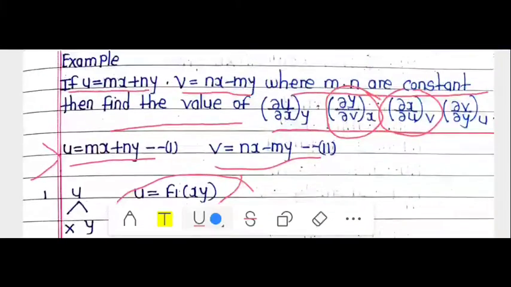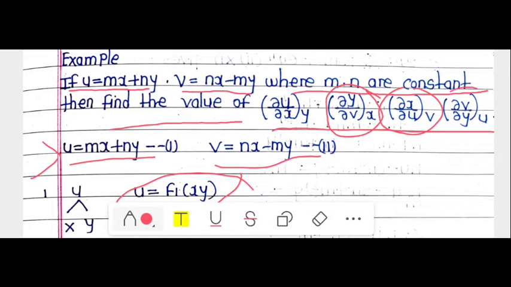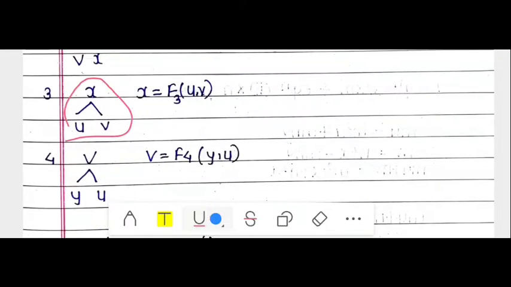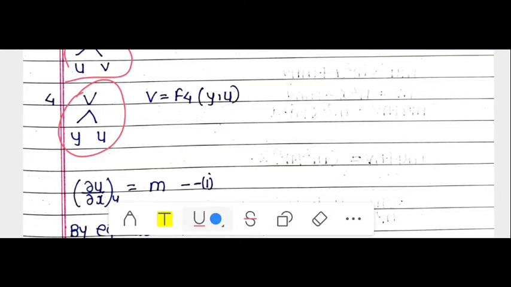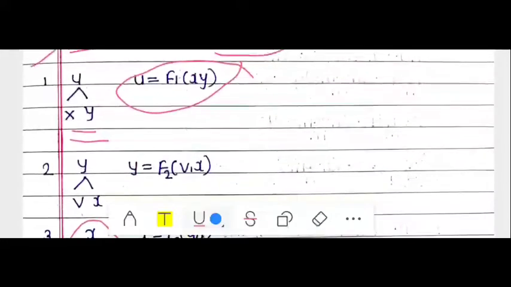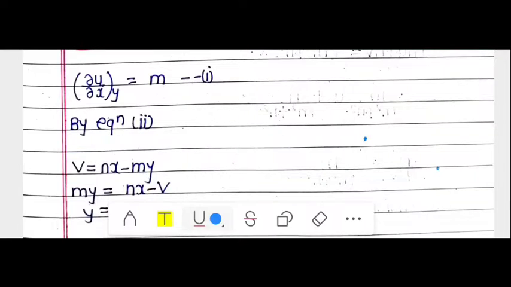And fourth, to find ∂v/∂y, treating u as a constant, we require v as a function of y and u. So to find these four partial derivatives, first the derivative ∂u/∂x suffix y, where the variable y is treated as a constant.